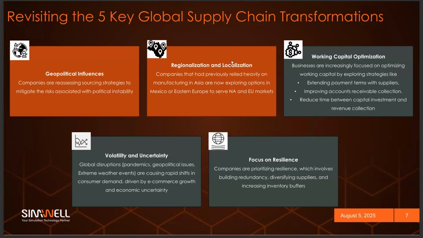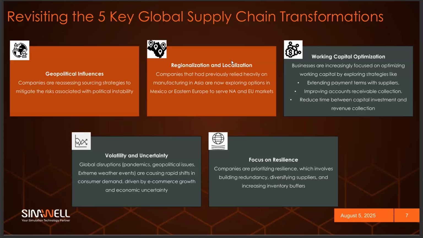Suppose as an example, USMCA, United States Mexico Canada Agreement, which encourages planned production in the North American area for integration. So this kind of regionalization, because of the political instability as well as the pandemics and epidemics that are the disruptions happening across, regionalization and localization is becoming more and more of a focus for companies nowadays.